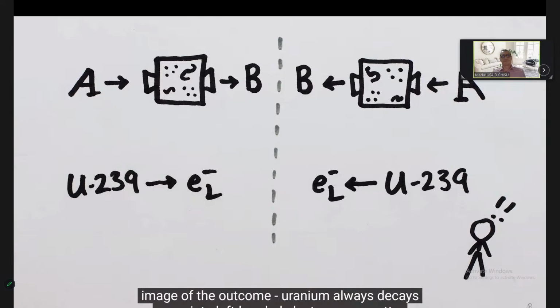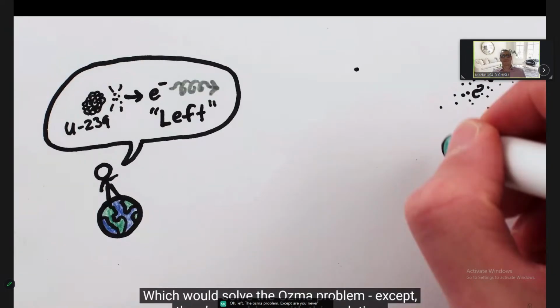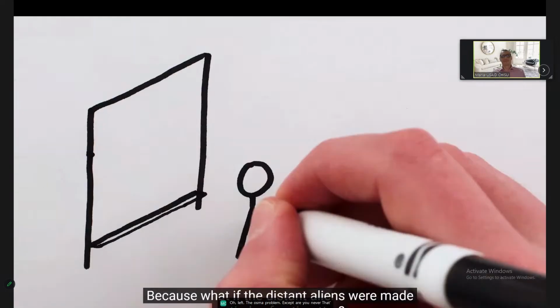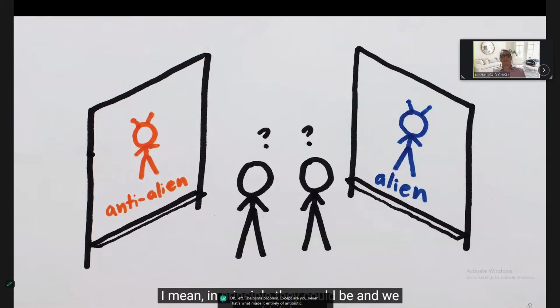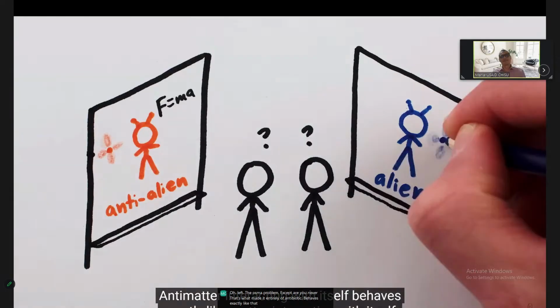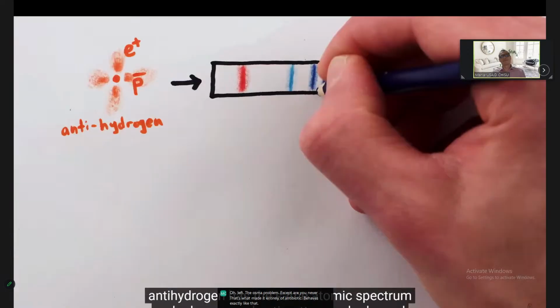Here are how electrons spin. Perfect, the awesome problem, sort of entirely of anti-matter behaves exactly like, and behaves exactly.